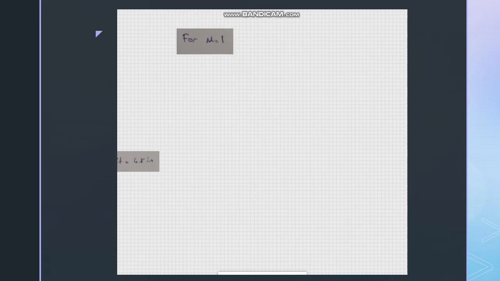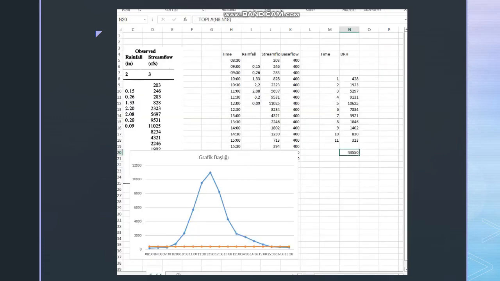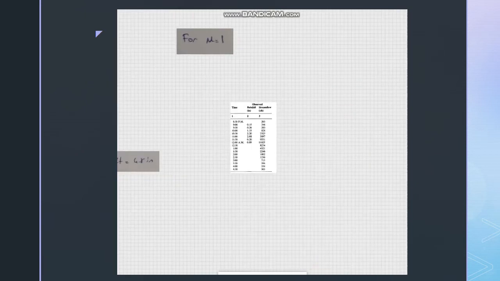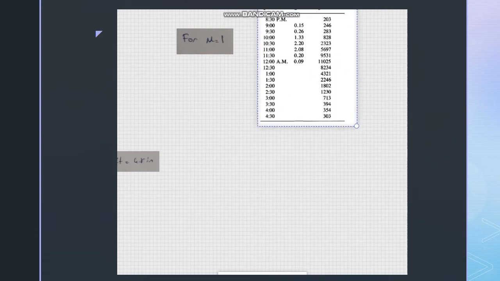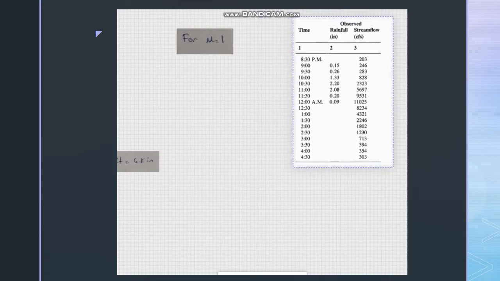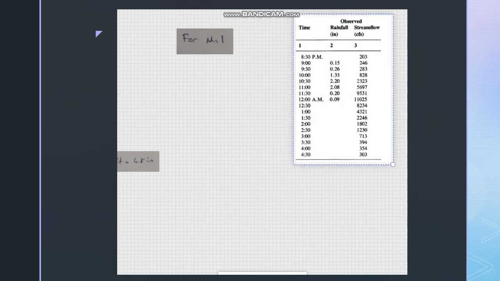Okay, here is the table. Let me copy this table and then bring it back here. So we know that when m is 1, we are gonna go through the top, the highest rainfall, which is 2.2.